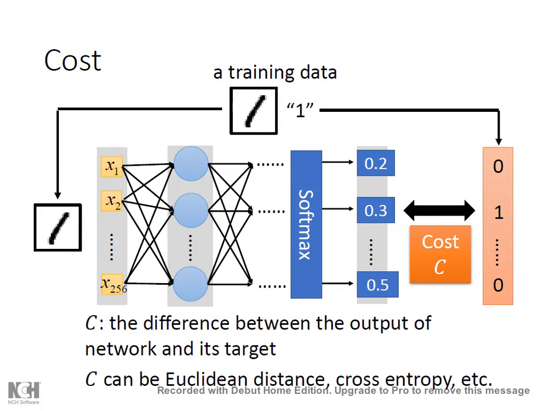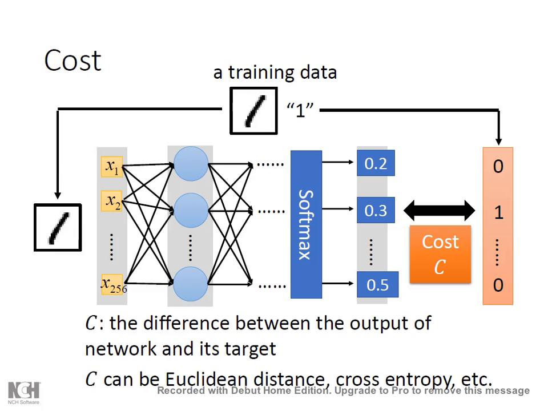We also call it a cost, an error between your system solution and the ground truth. Here we have the cost between your ground truth and your output, and we can define the cost function between them.